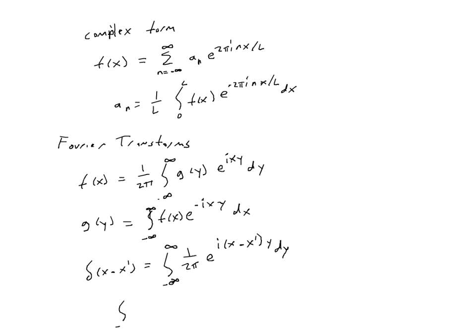And if you integrate from minus infinity to infinity of this delta function, you're going to get either 1 or 0. 1 for x equal to x prime, and 0 for x not equal to x prime.